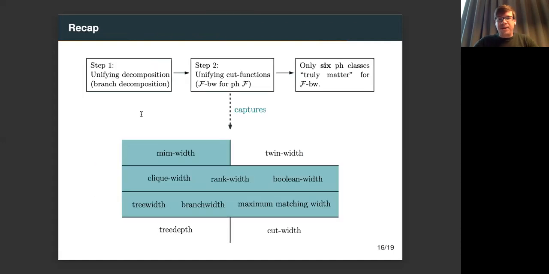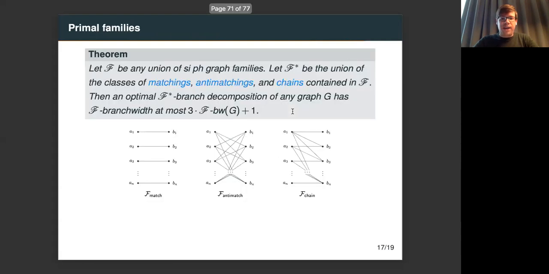Let's once more look at this picture. Here we said we only have to care about 6 partner hereditary graph classes, and we can show that you can actually bring this down to 3 graph classes. These 3 graph families are what we call the primal ones, and they consist of the matchings, the anti-matchings, and the chains.